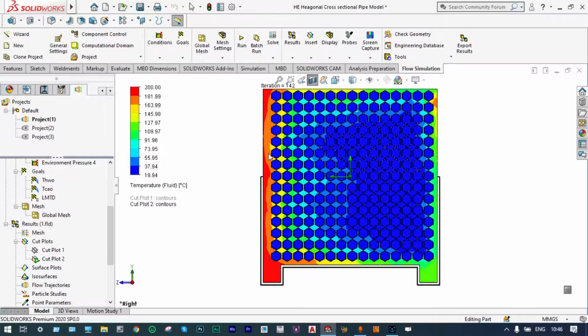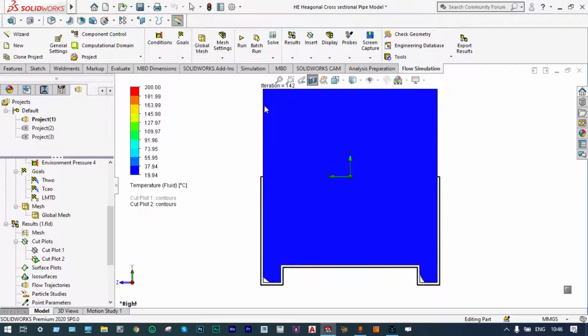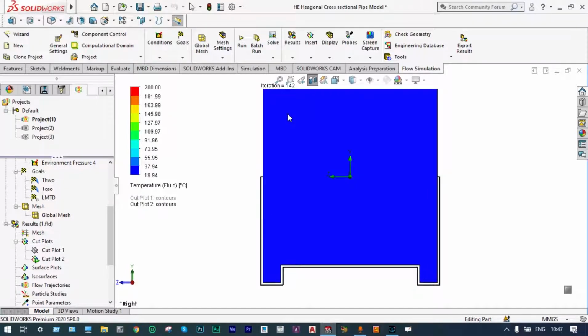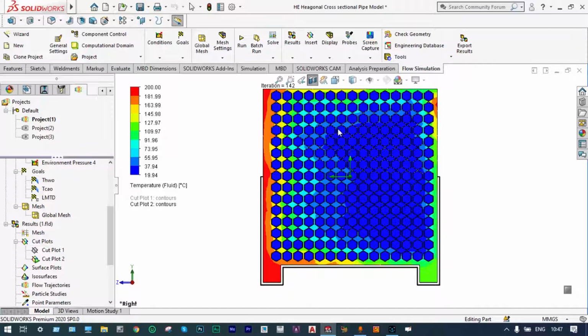Here we have a huge temperature of fluid indicated by red color, and as it is approaching from the side walls toward the exit location, it is showing temperature distribution across the side walls, decreasing temperature of hot air, but we don't see that much change in temperature of cold water.